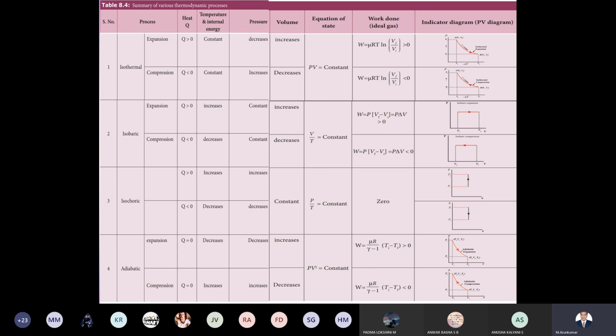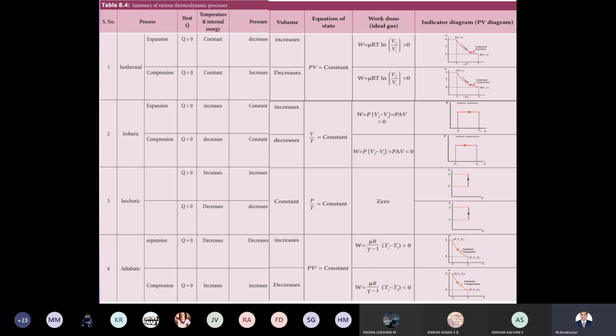Before that, we have pressure, volume, temperature, internal energy, and heat. These are the properties of a system. So before that, we have to know what these all are: what is pressure, what is volume, and what is temperature.